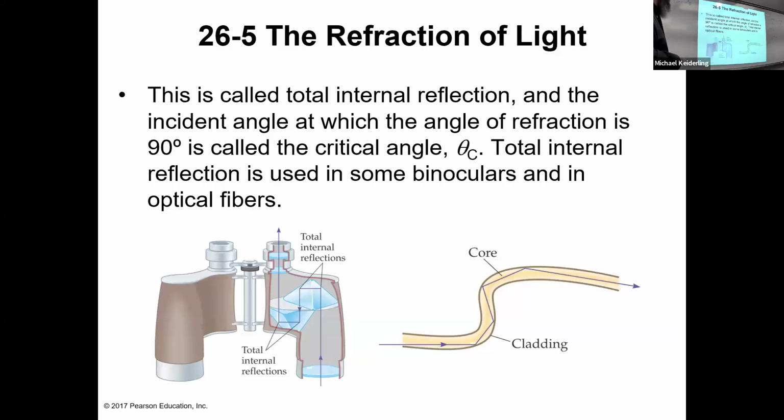It's also used in optical fibers to totally internally reflect light inside the optical fiber. It's also used partially in things like diamonds to make them sparkle, the way you cut them.